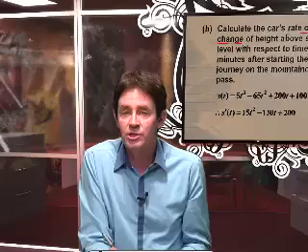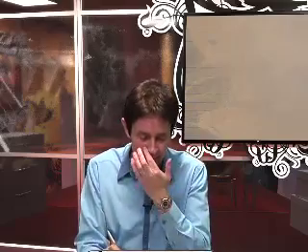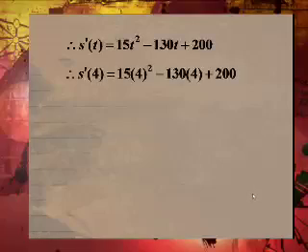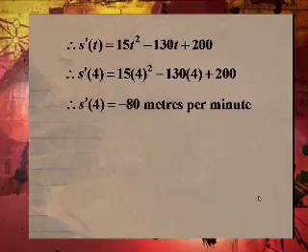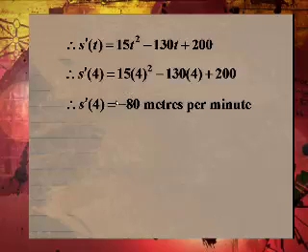So all we need to do is plug in the 4 minutes, and let's see what the speed of the car is. If we plug in 4, it's minus 80 meters per minute.